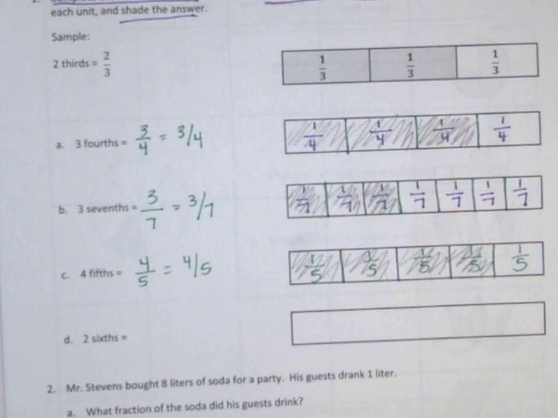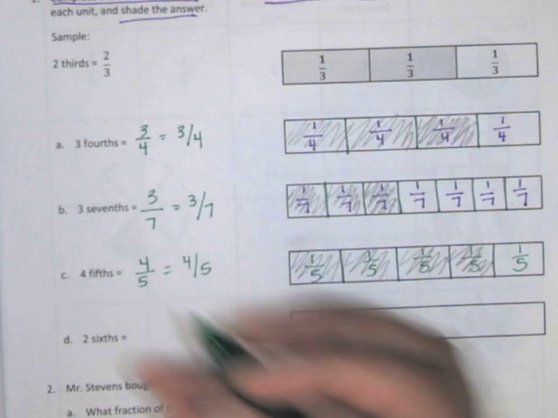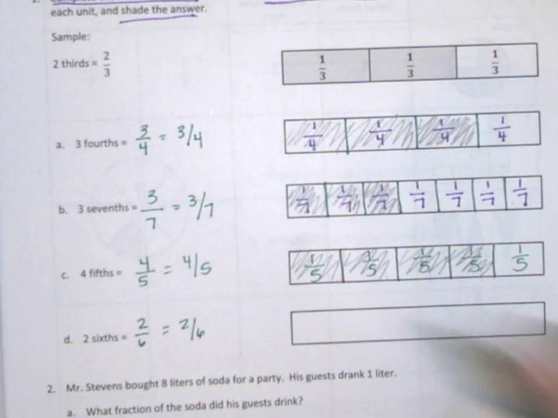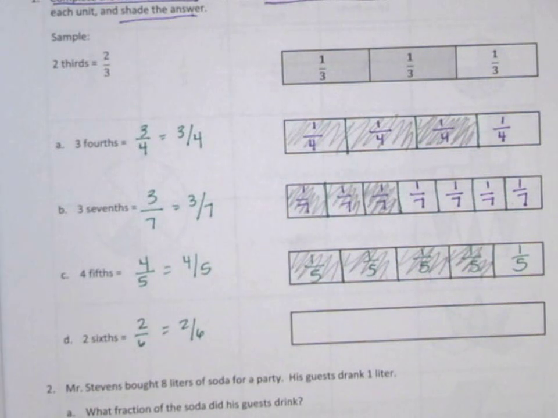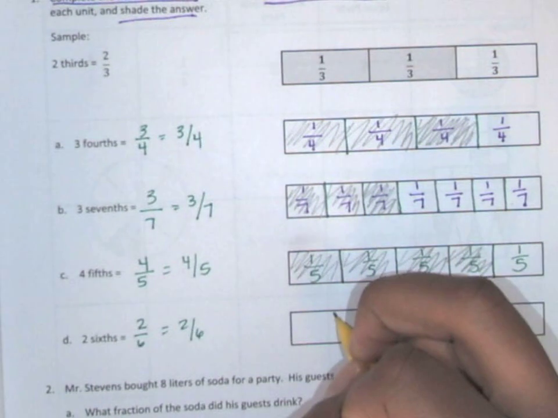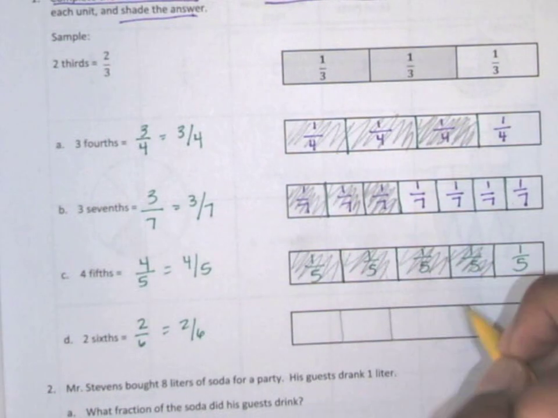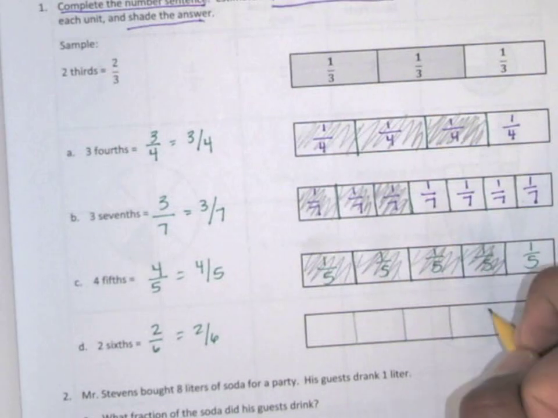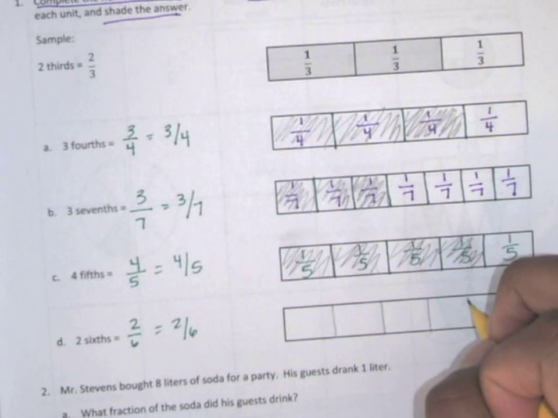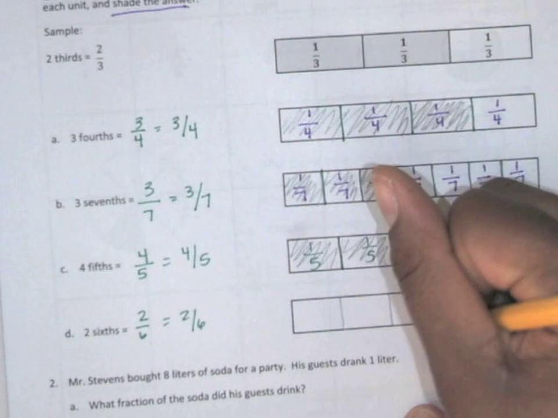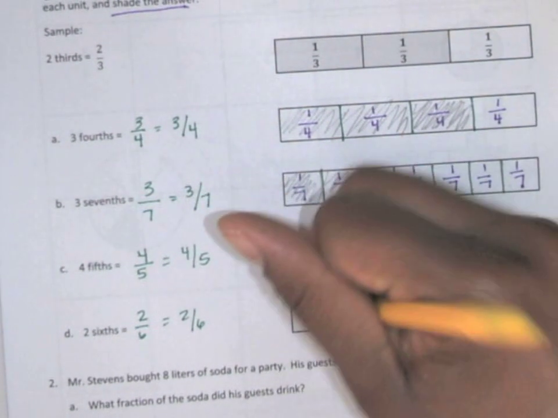Okay. Moving on to D, 2/6. Start with my pen. Well, start with my pen first. It'll be 2/6. This one's uneven. I need to go back and partition equally.